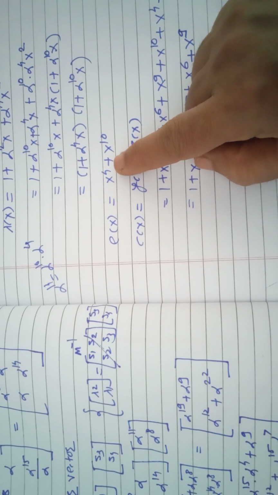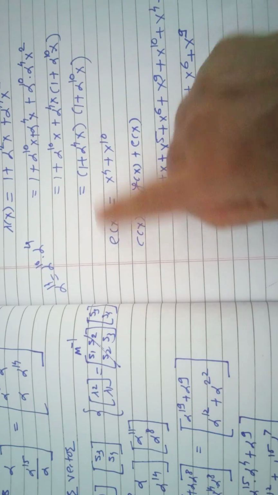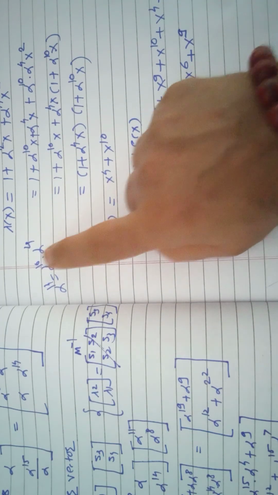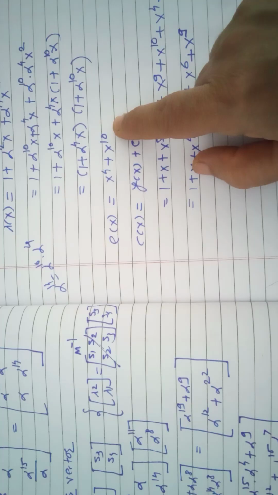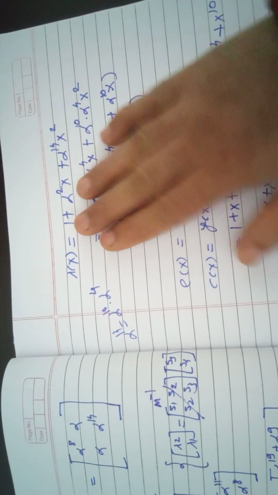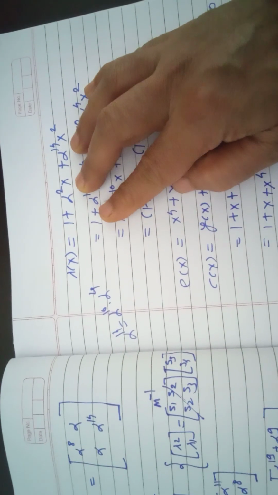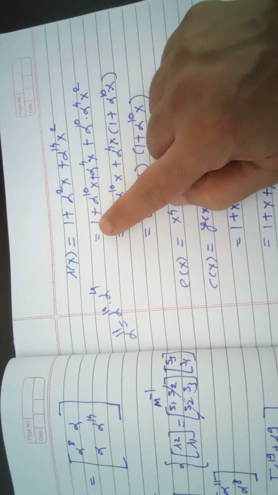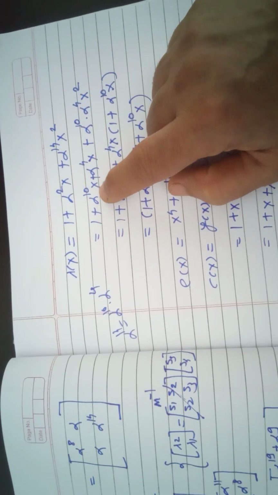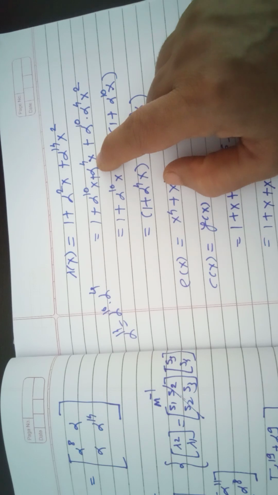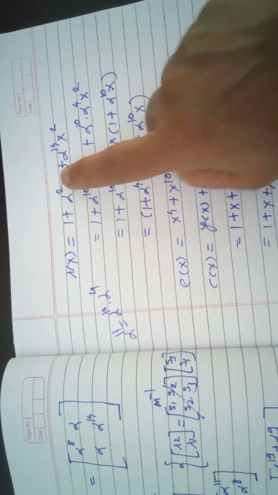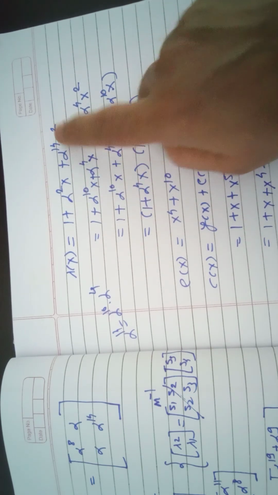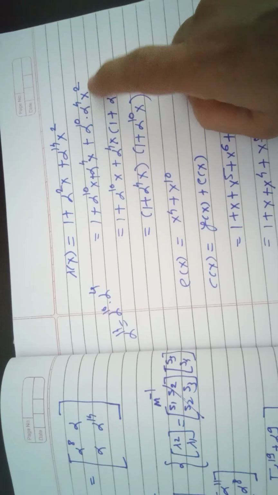So alpha 10 and alpha 4 are the error location points. You can write directly Ex is equal to x raised to 4 plus x raised to 10. If you don't solve this now, it is also okay. This is lambda x. So Ex you can write like this: 1 plus alpha 10 x plus alpha 4 x, where alpha square is alpha 10 x plus alpha 4 x, and alpha 14 is alpha 10 into alpha 4 x.